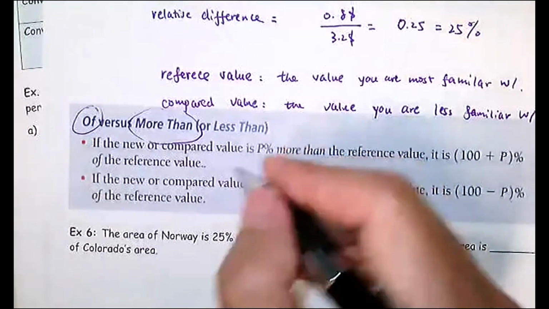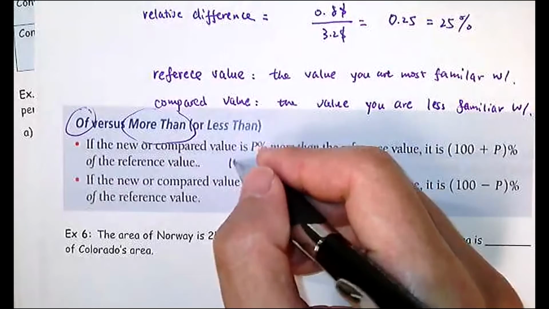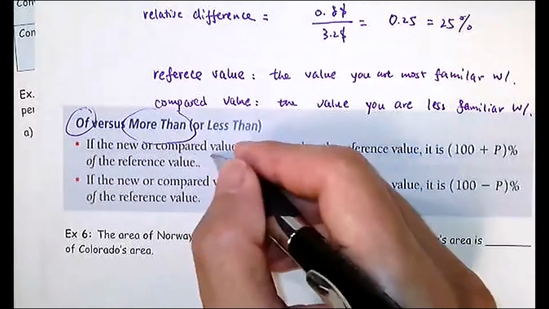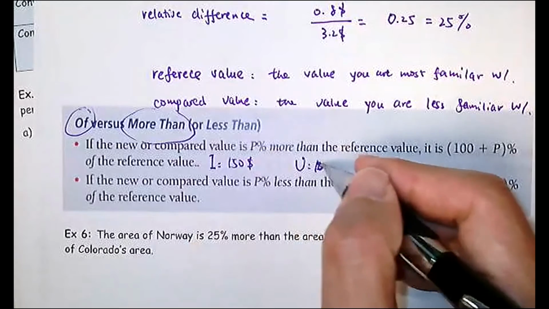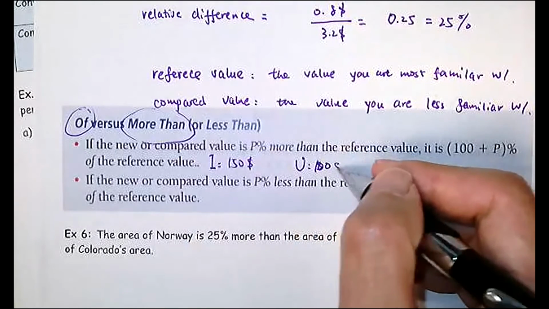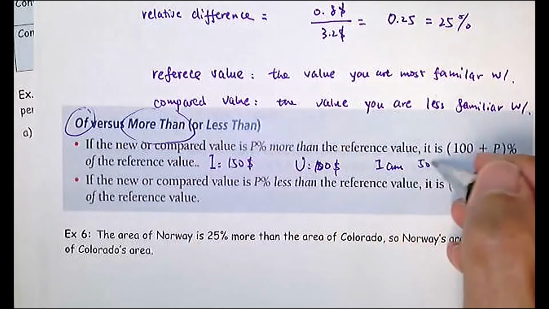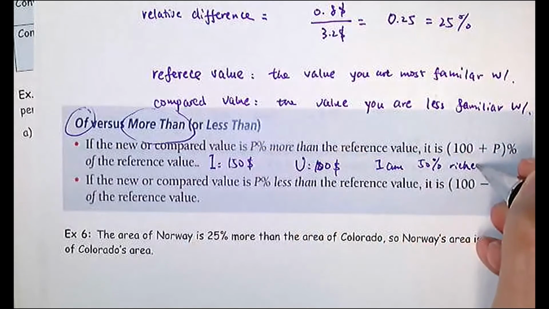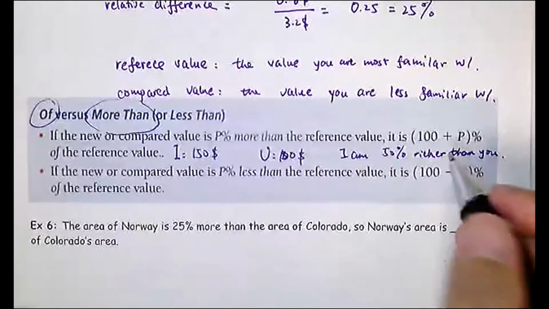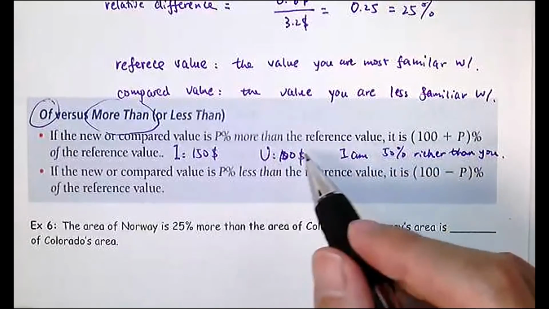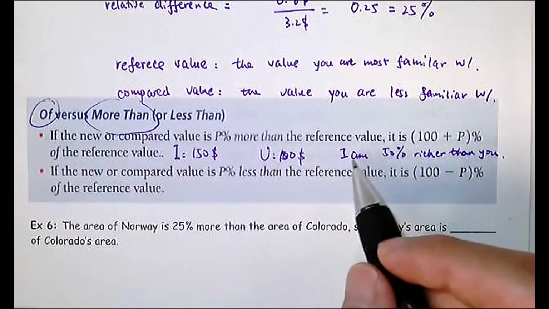Okay, so let's say I have $150. You only have $100. Okay, so I am 50% richer than you. Or in other words, I'm 1.5, 100 times 50% of you.